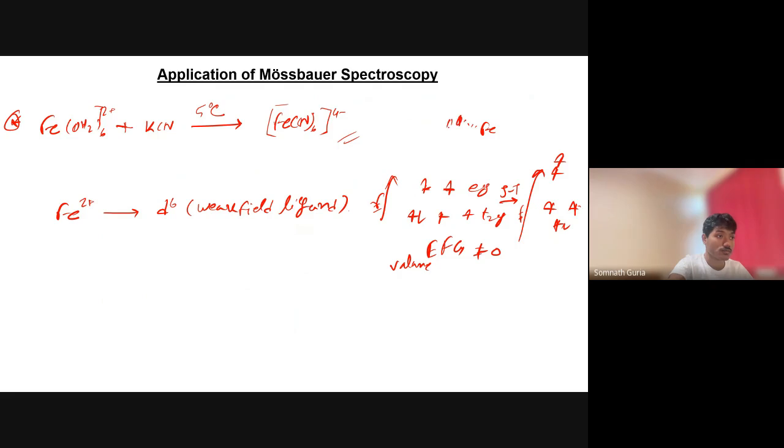Here is the water molecule, and there is a distortion along the z axis. So there is a lattice contribution also here. So we also have a non-zero EFG lattice.